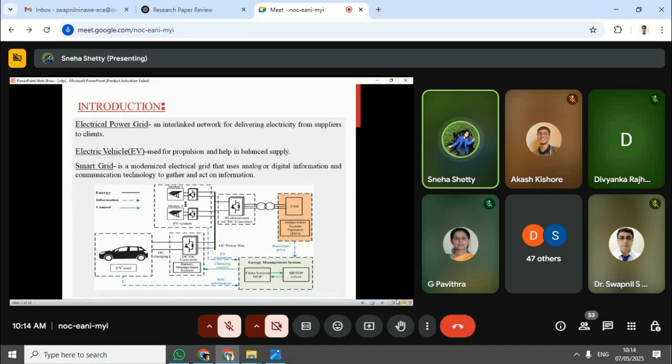That recycling back is called regeneration, regenerative braking. Once the vehicle is in motion, as it utilizes power from the grid, it should recycle the energy back to its battery and run on its own. That is the main strategy that we follow in the present generation.